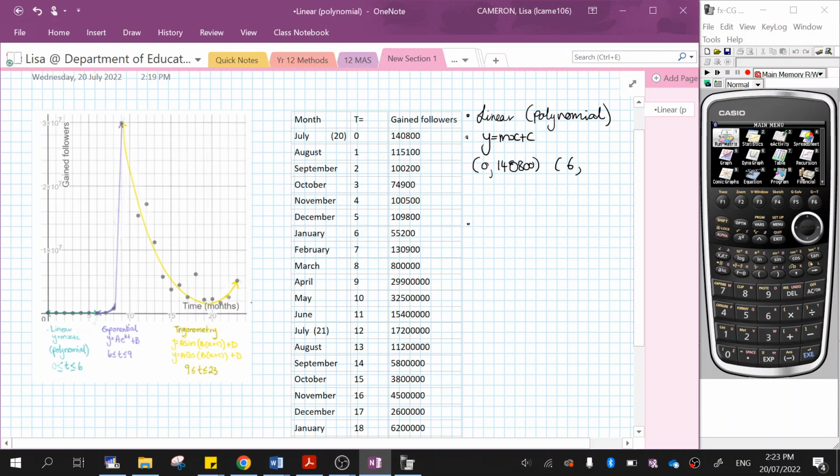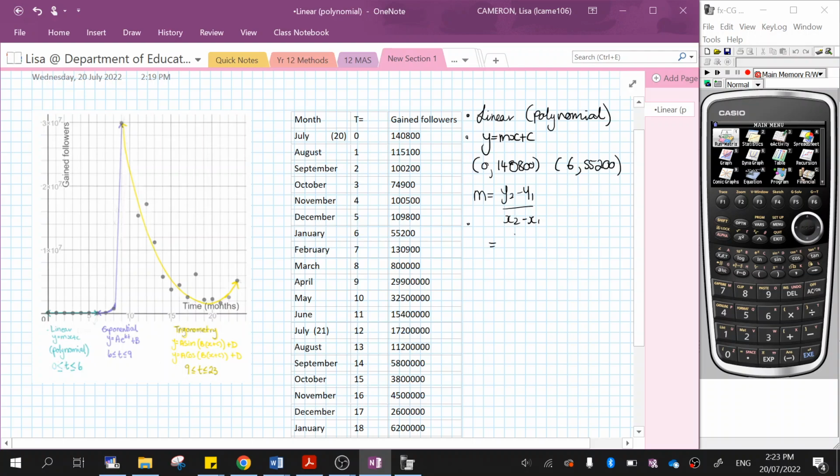Now remember, you can state that it's any of them here, but this will make it fit to the start and to the end of that section. So when time is equal to 6, that is 55200.